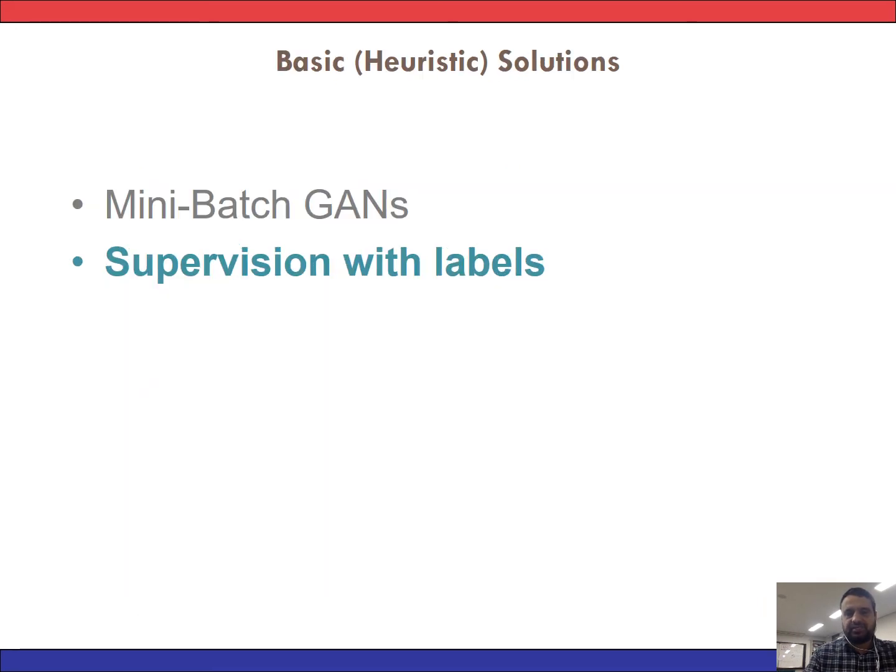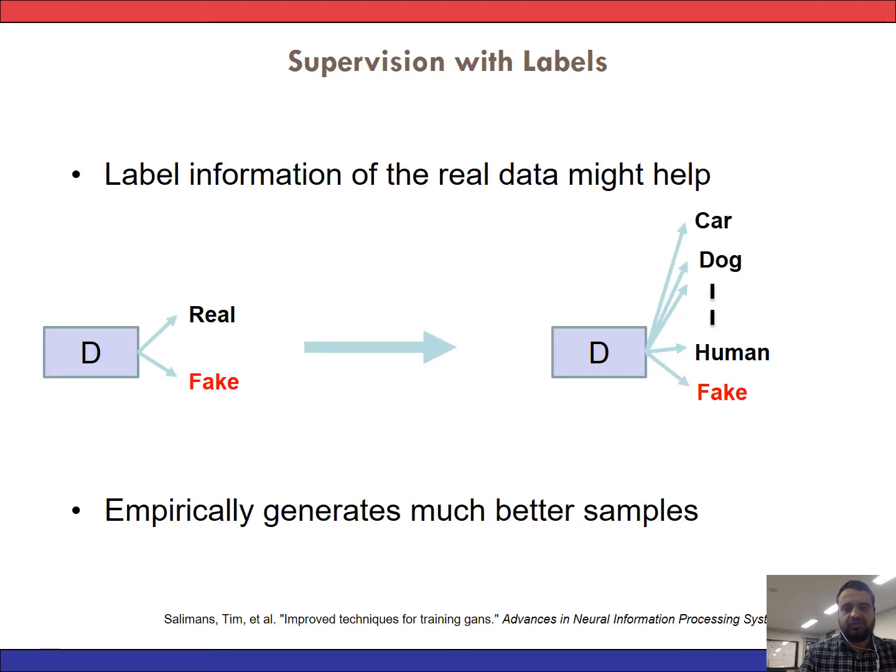The second one is the supervision with label approach that is going to solve the mode collapse problem. In a traditional GAN, the discriminator only classifies the real from the fake, but using this supervision with label, we are also classifying it as real or fake along with its category.